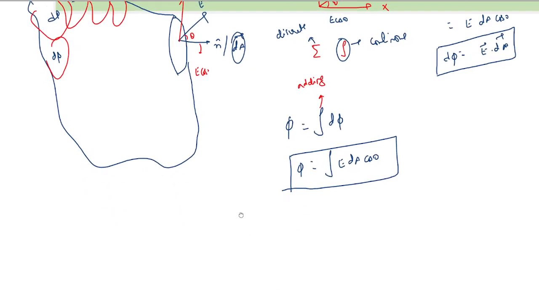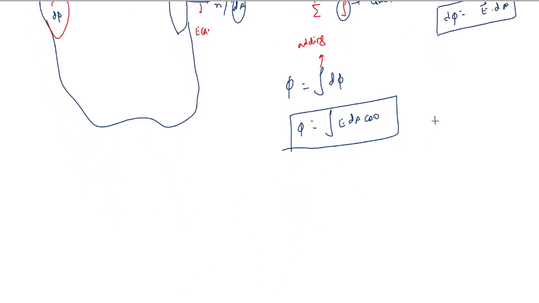Now think of a case where theta is 0. If theta is 0, then what we get would be E into dA. Or we'll take a case where theta is constant, not 0. We'll take a simpler case. We'll take the first case where theta is constant.